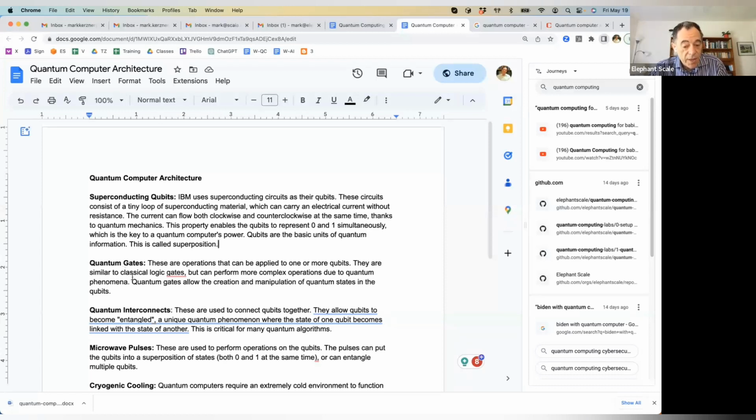These are similar to classical gates, but they can perform complex operations, meaning you represent these operations with complex numbers, and it can be a representation of probabilities in an n-dimensional space. So far, so good, right?